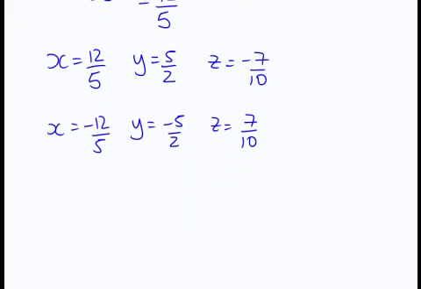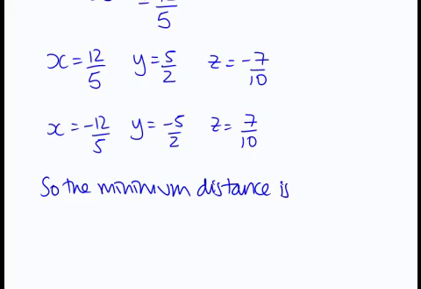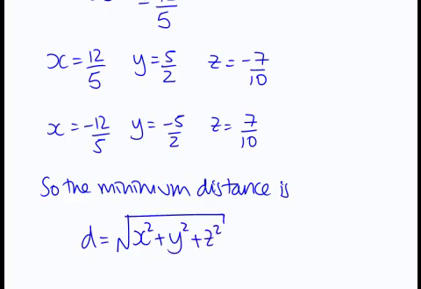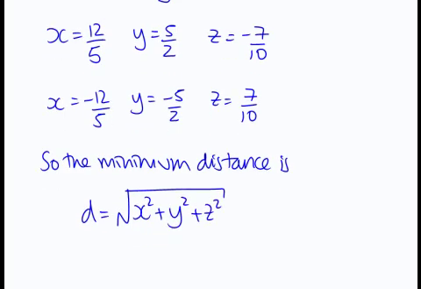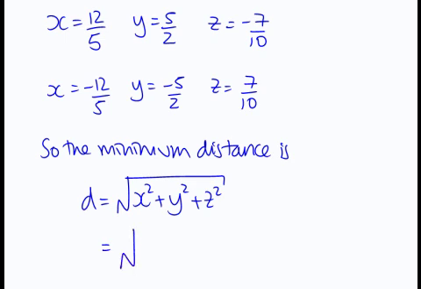And the minimum distance, I'll call it d, let's say, is the square root of x squared plus y squared plus z squared. And it doesn't matter which one I put in because I'm squaring. So I've got 12 over 5 squared. The signs will disappear, so it doesn't matter.